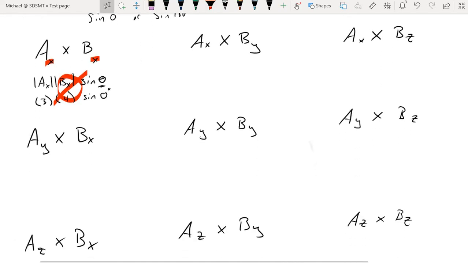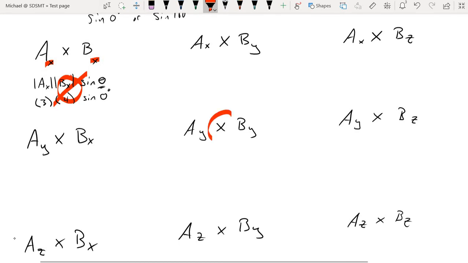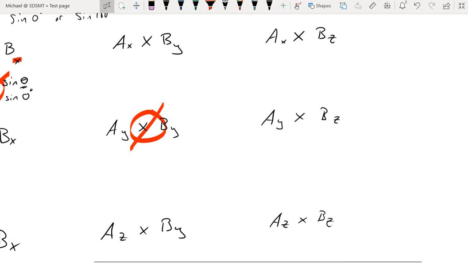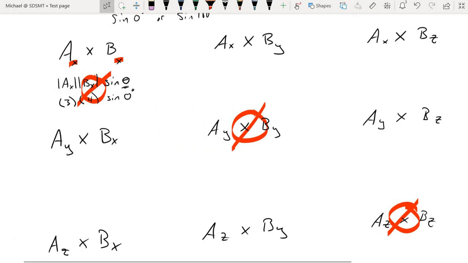And so that means we will not get any contribution from the A y-B y combination or the A z-B z combination. But we should get something from the other 6 combinations on the board.